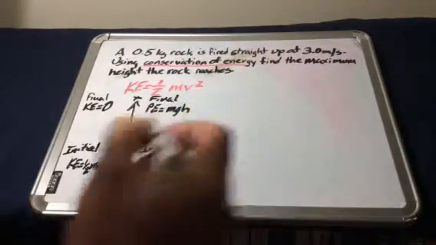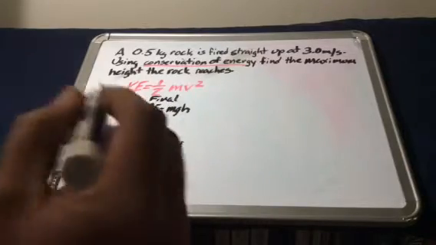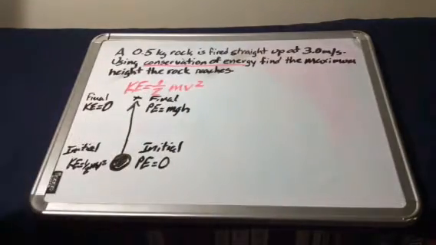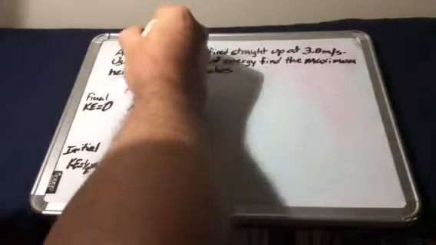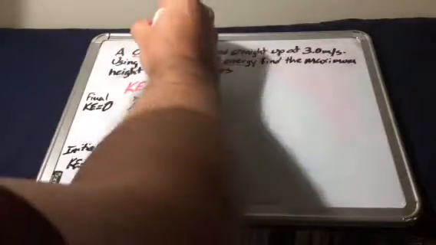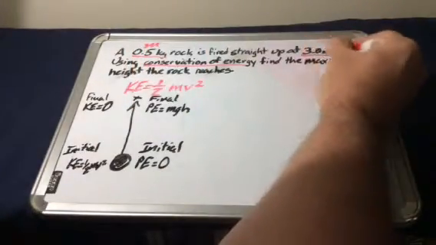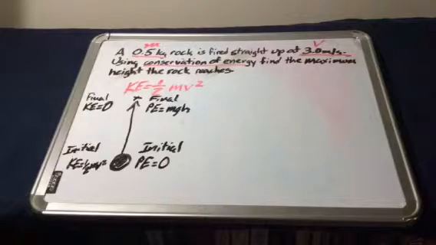Now we've got two equations that we can use. We can calculate the initial kinetic energy because we have a mass and a velocity.